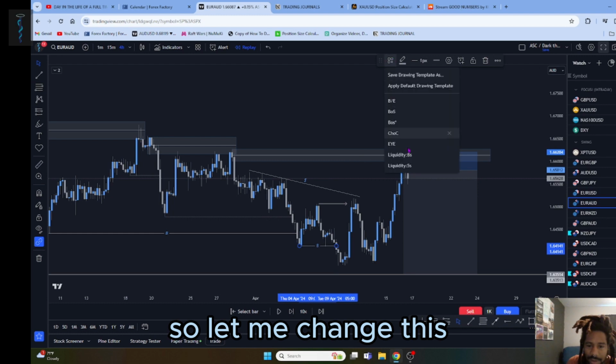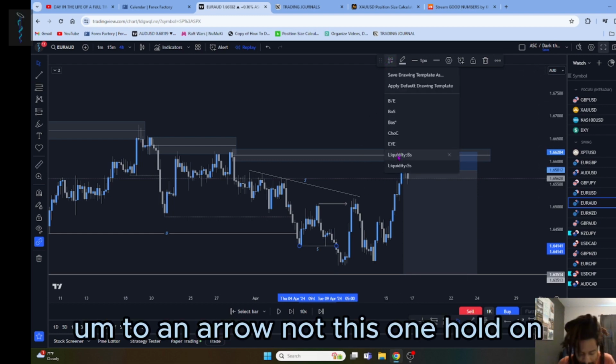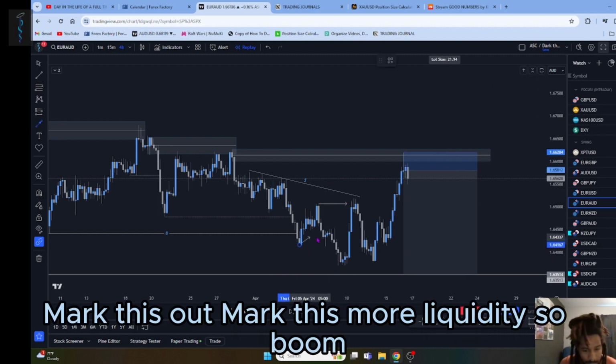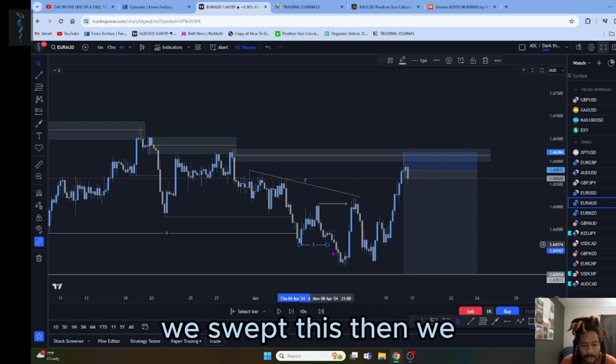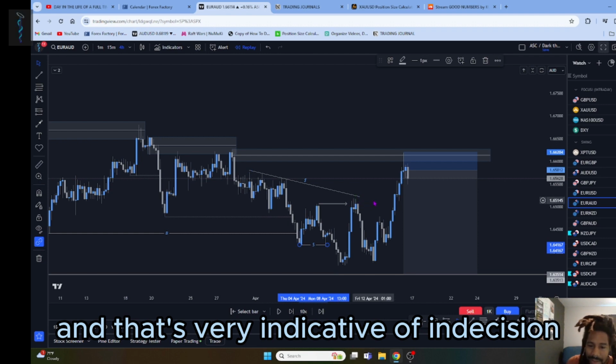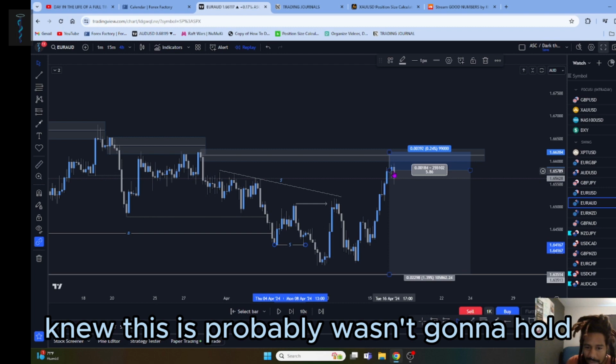Let me change this to an arrow. Hold on, give me a second here, guys. Mark this out, I'll mark this more liquidity. So boom, we swept this low, then we swept this high, and that's very indicative of indecision. That's why I decided to close this early, because I knew this probably wasn't going to hold.